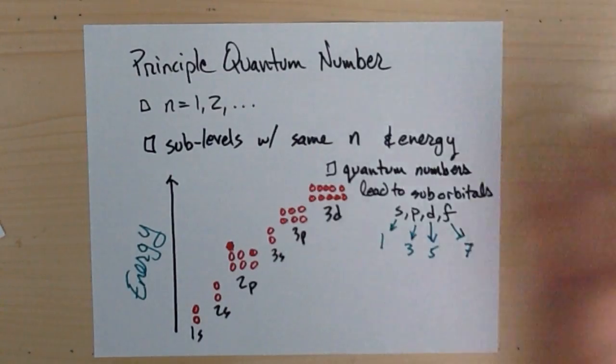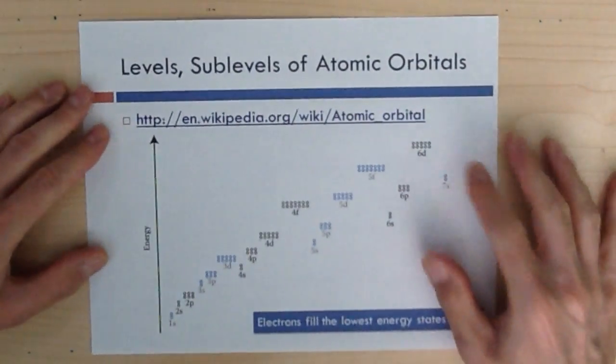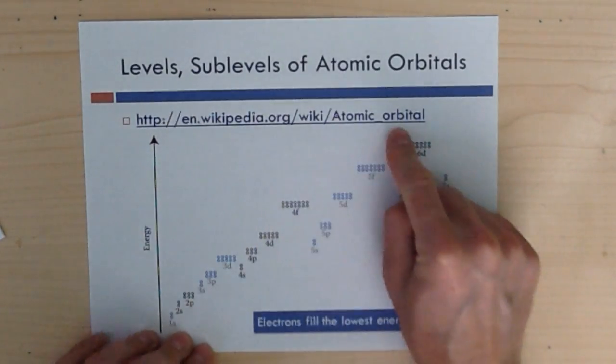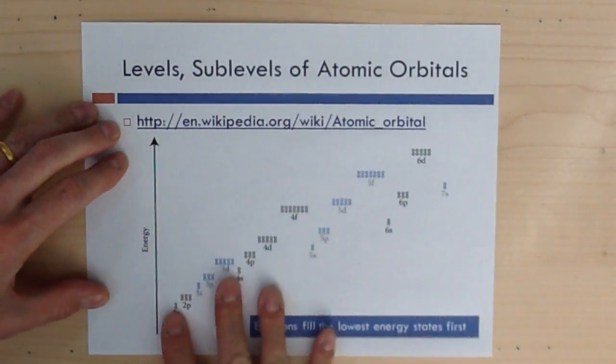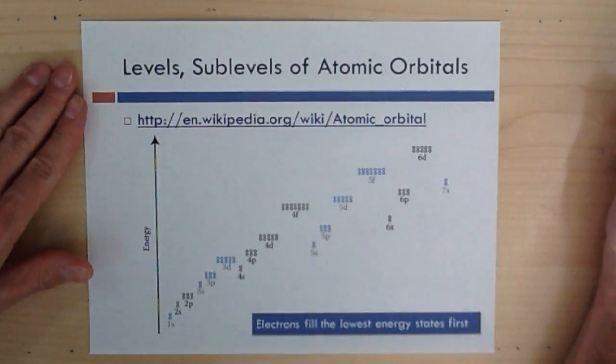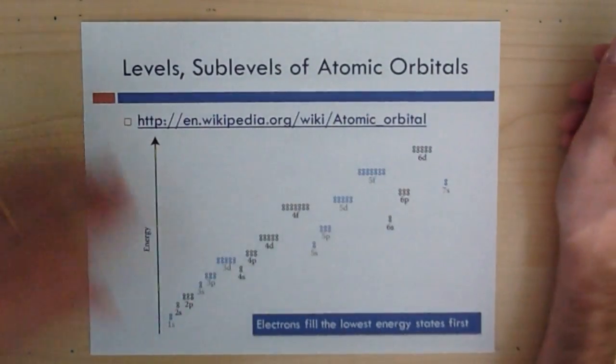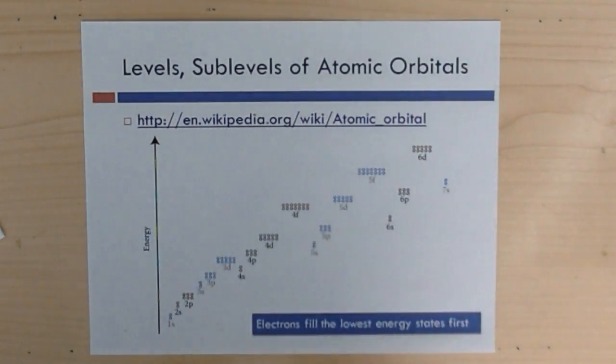All right, now if we map this, then we get this nice chart that comes from your textbook, as well as you can read much more about it on Wikipedia, that we can map the energies of electrons within an atom in this kind of way and separate them out by their orbitals and suborbitals, the levels and sublevels of the atomic orbitals.